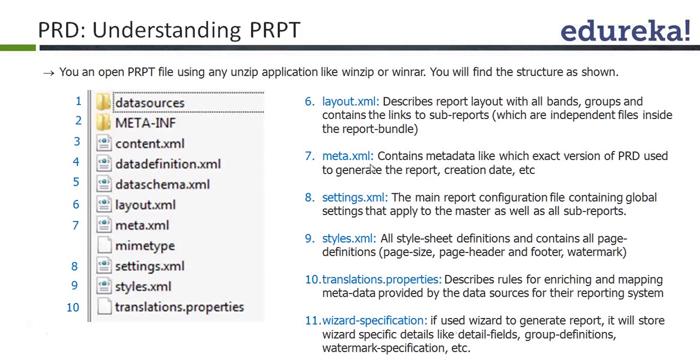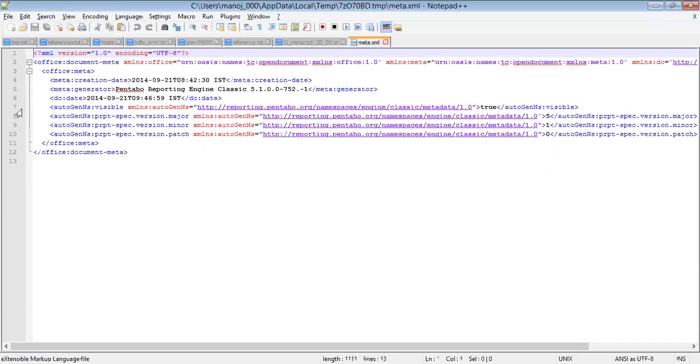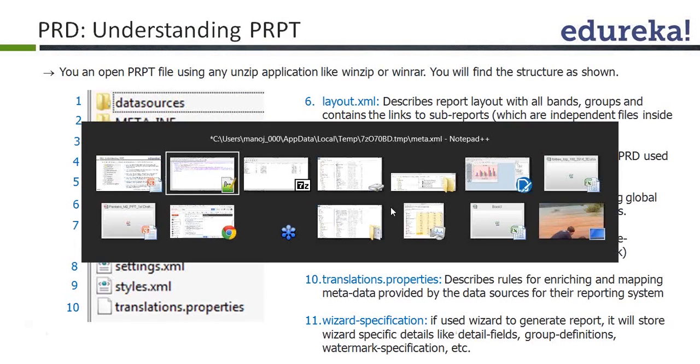Okay, layout we have already seen. Meta.xml, we'll check. So this is meta.xml, which contains metadata like what PRD version this particular reporting template is prepared from, and date of the creation.